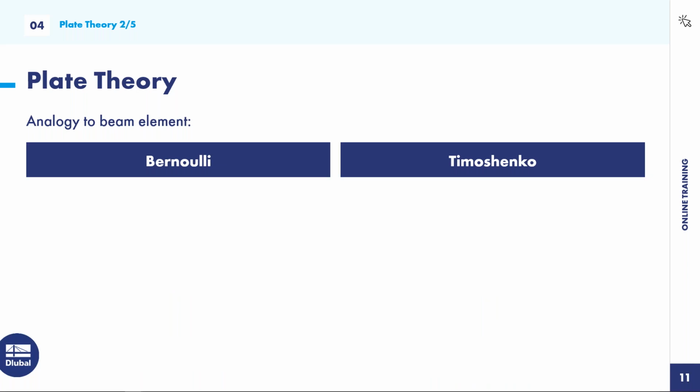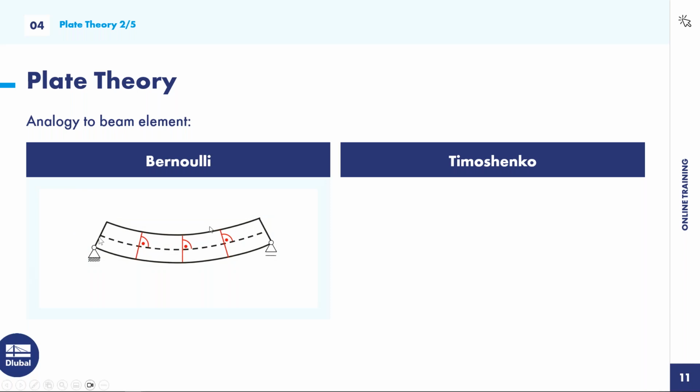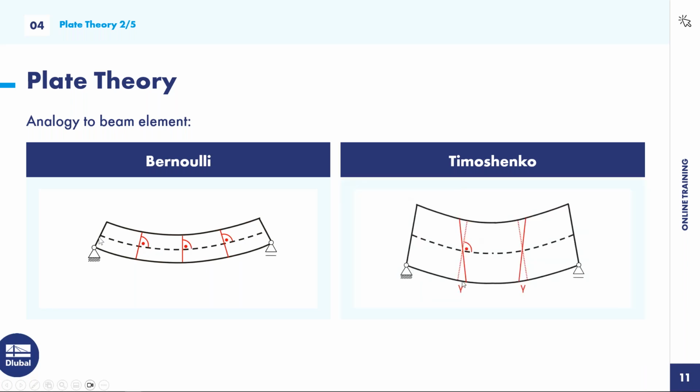So next thing is the Bernoulli beam. It's characteristic that you always have these perpendicular lines to the middle axis of the beam. They always stay perpendicular to the middle line. Whereas at the Timoshenko beam, you get this additional shear angle, which also gives you the additional deformation you have with this beam theory.